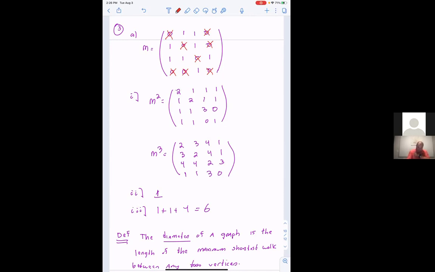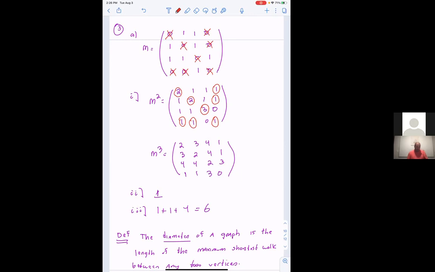Now, this one takes care of that 0. This one takes care of that 0. This one takes care of that 0. This one takes care of that 0. This one takes care of that 0. And this one, and this one, and this one take care of those zeros, which means if I consider 2 steps or less, I can get from any vertex to any other vertex.